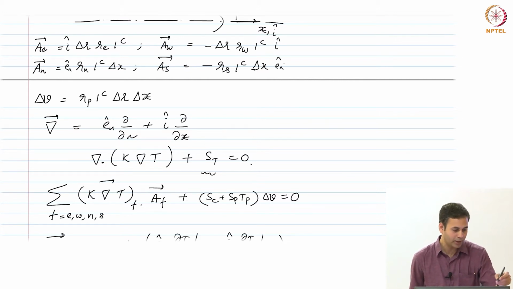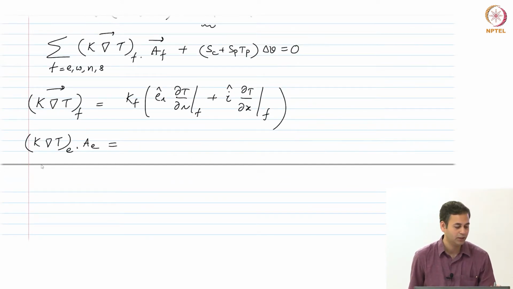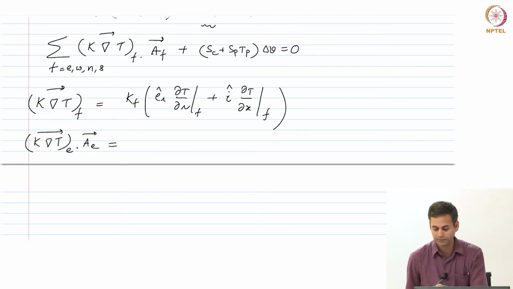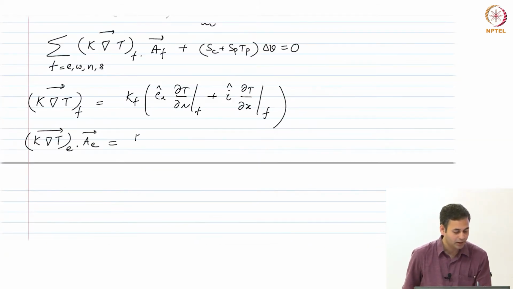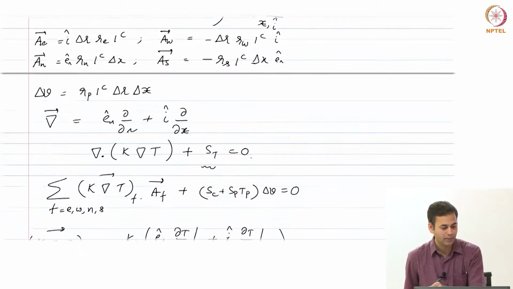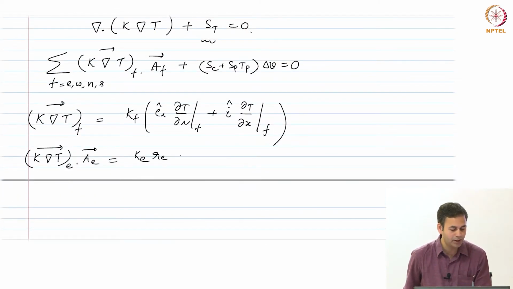Now, what about the evaluation of this quantity on the east face? K grad T east dot A east bar, how much would this be? Which term survives? Only the I term, because it is only in the x direction. So, only the I term survives, and that would be K east times Re, I would still write it as Re, times delta r, partial T partial x on the east face.